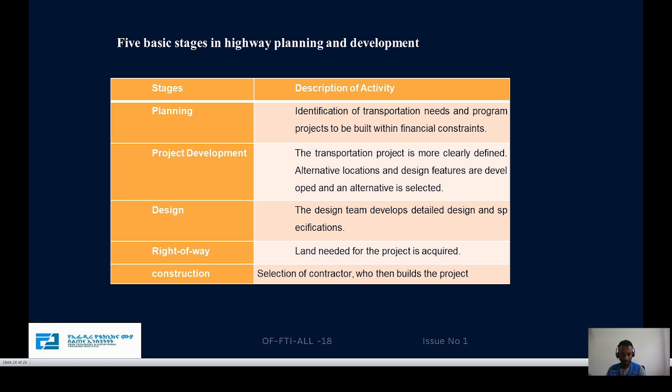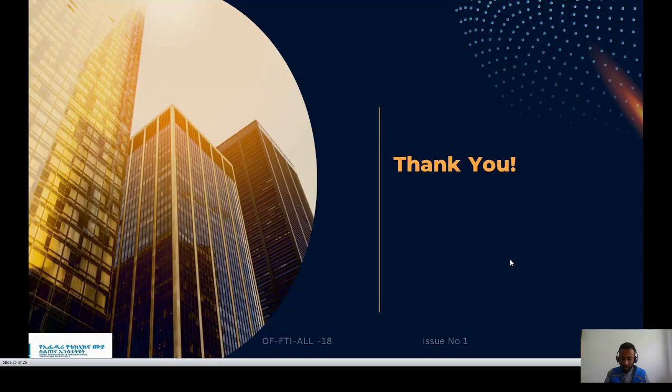We have all the detailed design, and after the design there is right of way clearing and land acquisition. After we have finished the right of way, we come to the construction part: select the contractor and build the project. This is the last video for chapter 1.